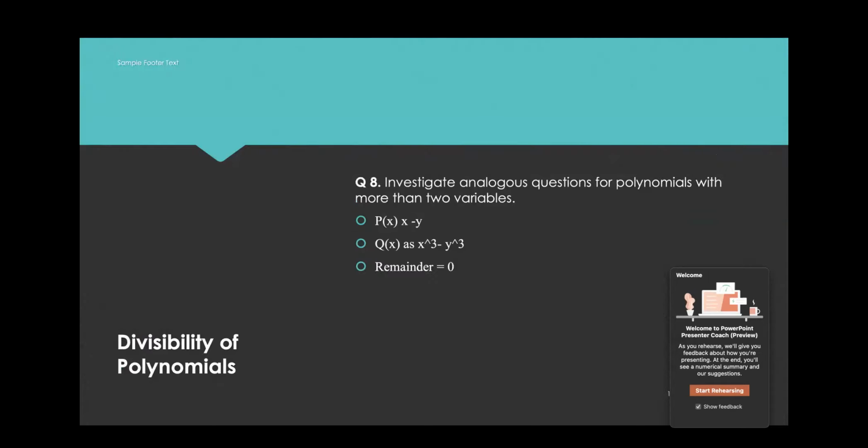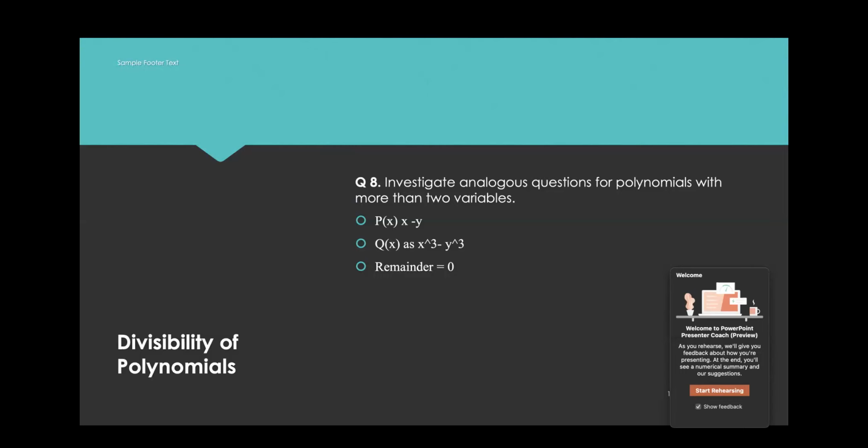Then for question number 8, we have to investigate polynomials in terms of multiple variables. We can do that by dissecting them into distinct sectors like homogeneous versus non-homogeneous polynomials, and we can even be aided by algebraic geometry.